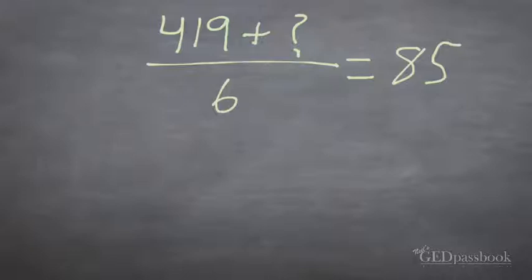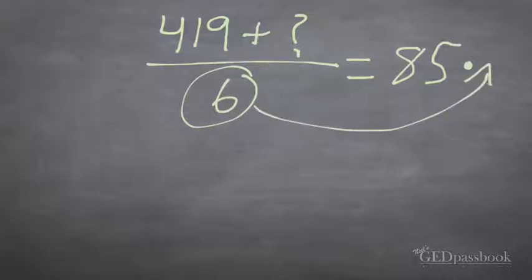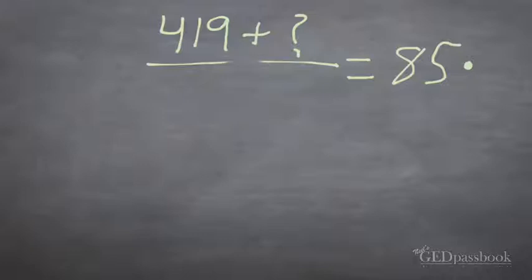What you must do is, you see this 85 there? You multiply it by whatever the bottom number is. You pretty much get this 6 and you move it over there, erasing it from the bottom one. It erases there and it goes over here.